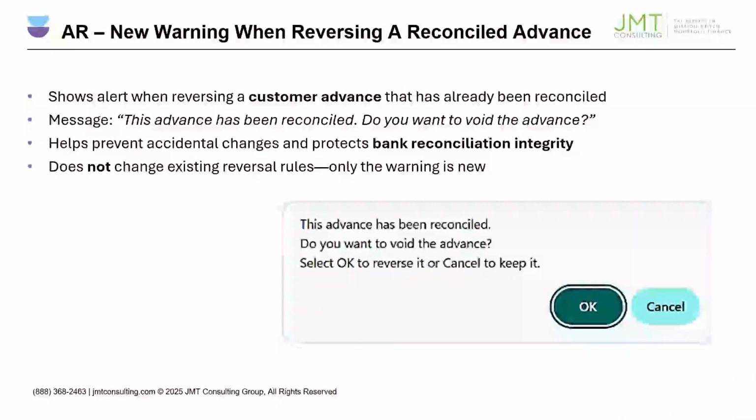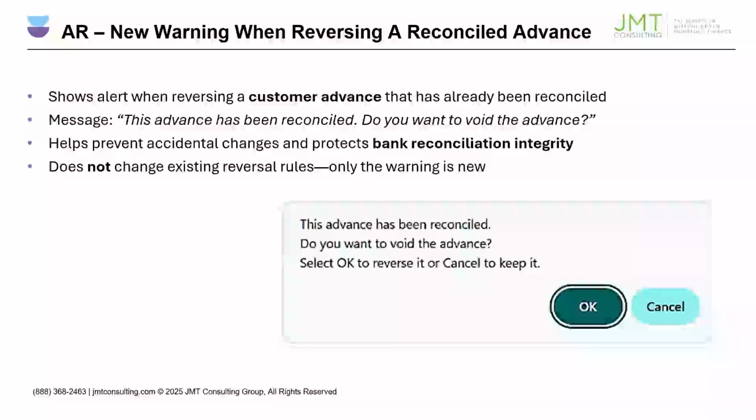Okay. So now we're going to switch hats a little bit and focus on money coming in with accounts receivable. Remember that new reconciliation warning if you try to reverse a payment in accounts payable? Well, Intacct has also put the same warning message in accounts receivable when reversing a reconciled advance. So they've only focused on reconciled advances.